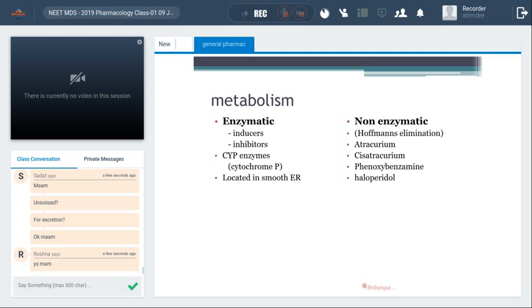If the cytochrome P enzymes inhibit the effect of a particular drug, they are called inhibitors. Very simple. We have enzymatic, non-enzymatic. Under enzymatic, we have enzyme inducers and enzyme inhibitors, which means there are drugs which will induce the synthesis of these enzymes more, so that more metabolism happens. There are drugs which will inhibit the synthesis of these enzymes so that less metabolism happens. Okay, did you understand the concept of inducers and inhibitors?